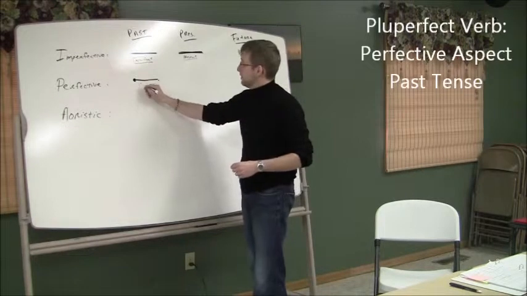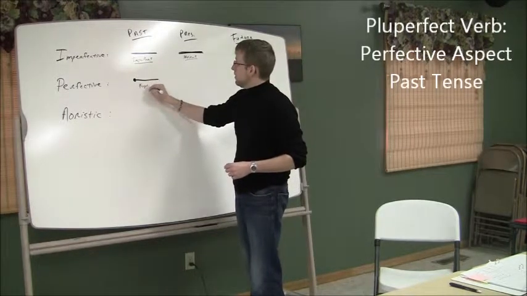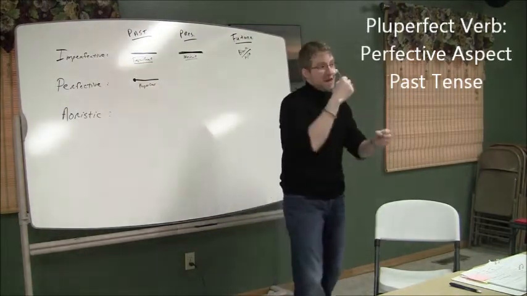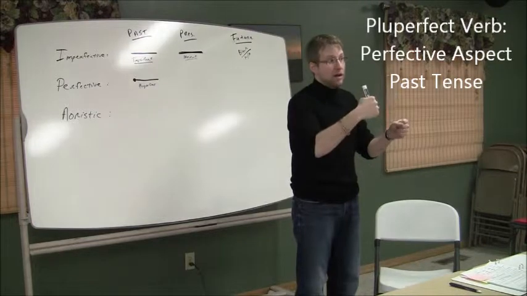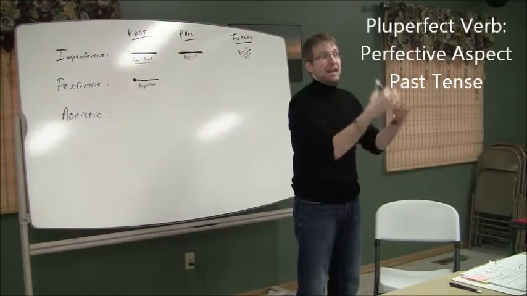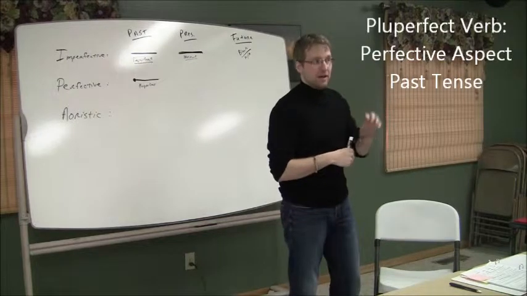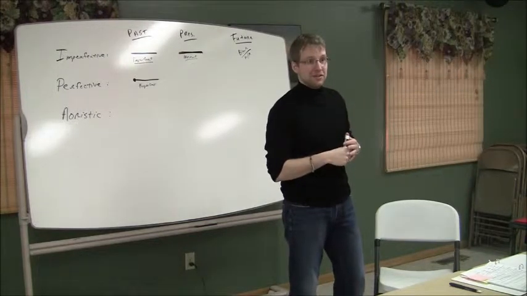So a pluperfect is an event that happened in the past and an ongoing impact of that event in the past tense. That makes sense? And we'll have examples. I'll have a bunch of verses to flesh this out so you'll see where these are applicable.